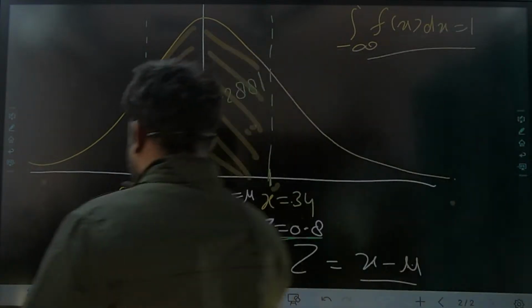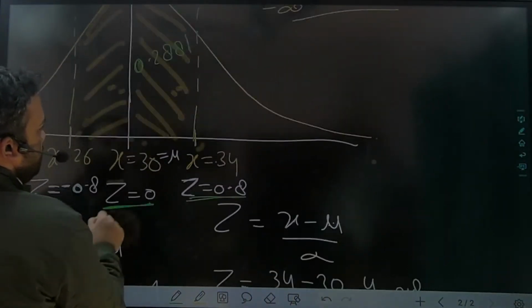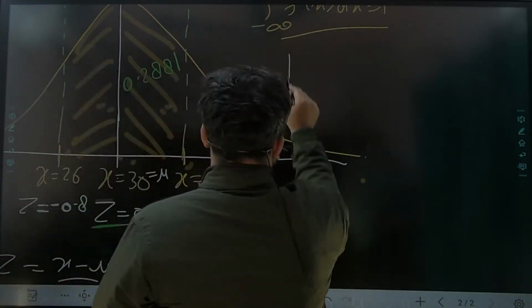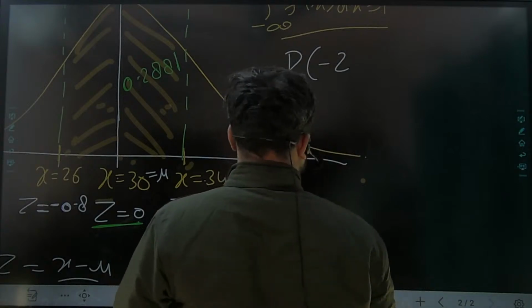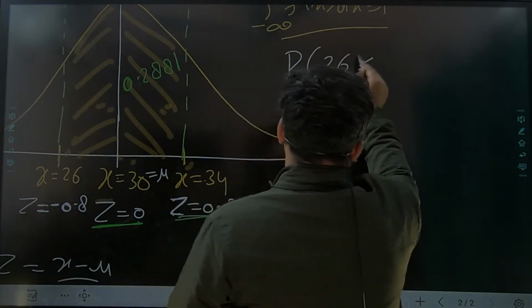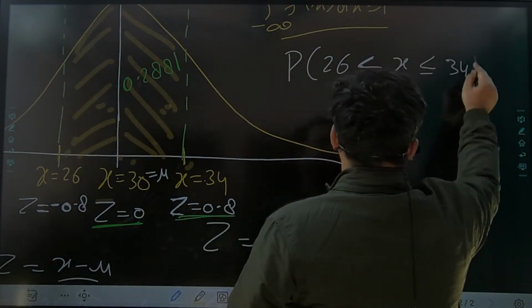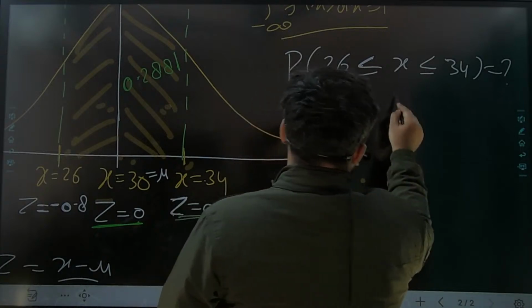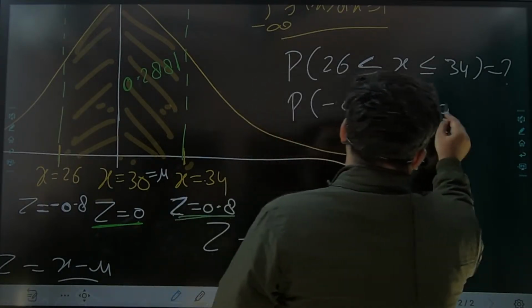So see here, we have to find the probability from 26 to 34. It means in terms of z-score, I have to find minus 0.8 to plus 0.8.